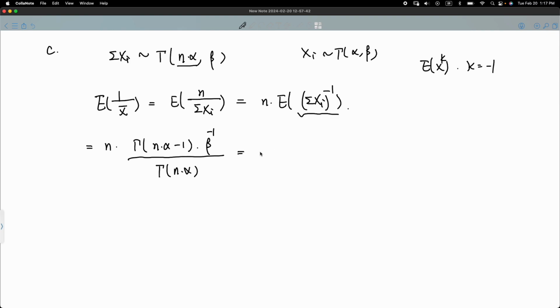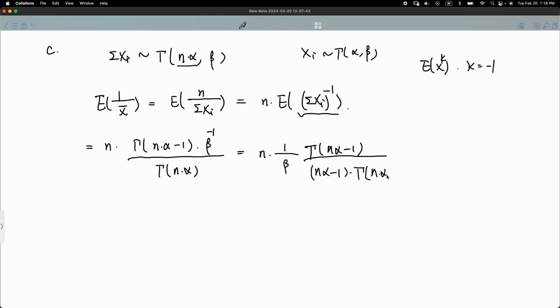Okay, so here we have a copy of n in the front, also a copy of 1 over beta. So yeah, this is what we want to achieve. So we already see a copy of 1 over beta here. And then we have the gamma function of n alpha minus 1, and then n alpha minus 1 multiplied by that.